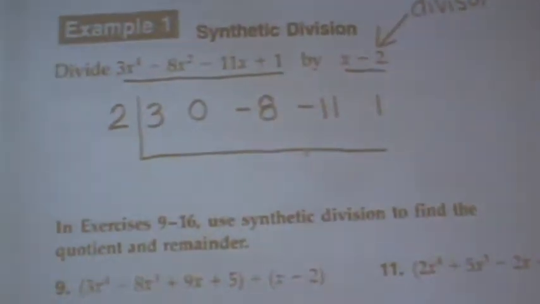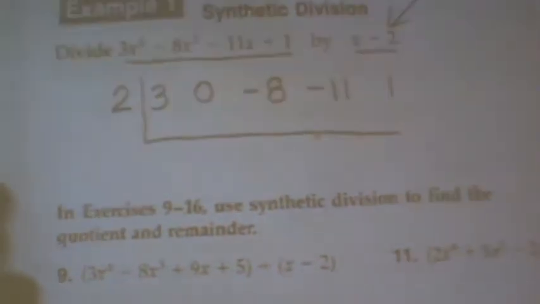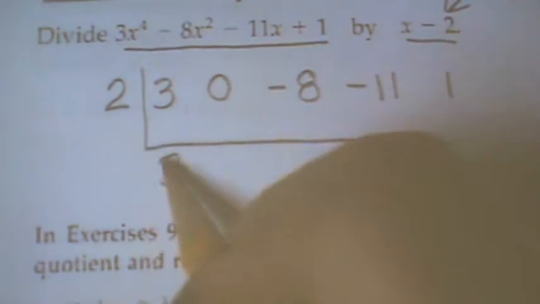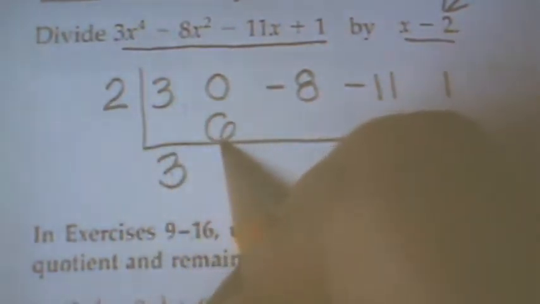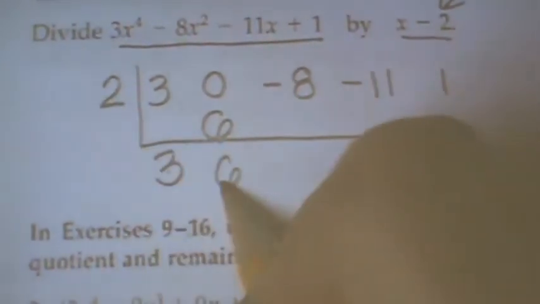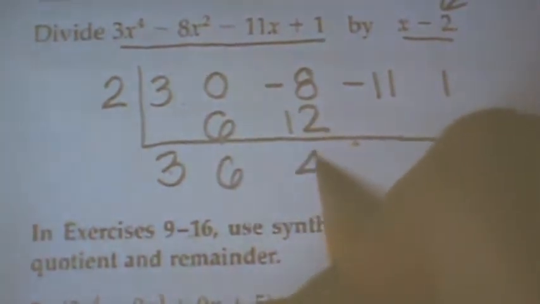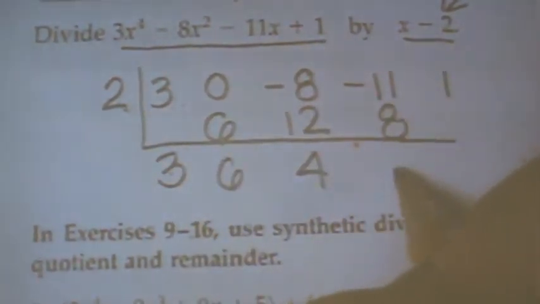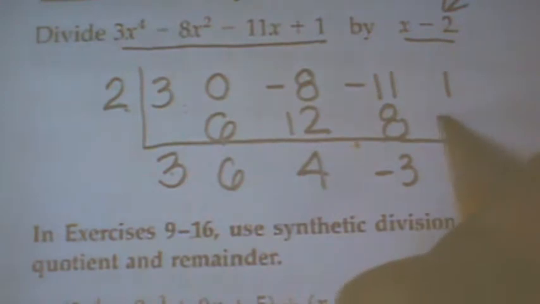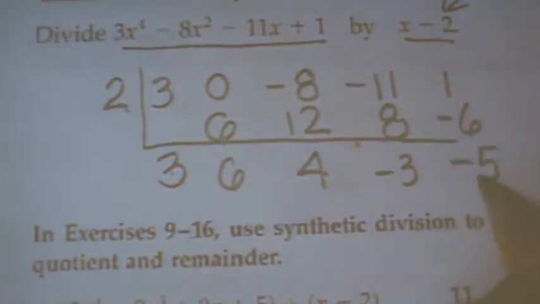So how do you perform synthetic division? Tell me what to do. Carry down. You bring the 3 down, and what do I do with these 2? Multiply. Add it. Multiply, add, multiply, add, and multiply. What do you get for a remainder? -5.